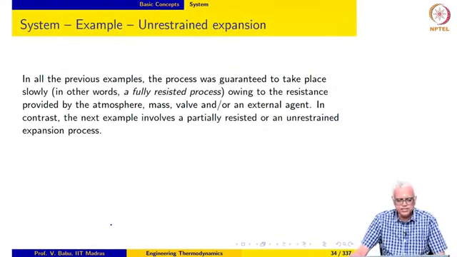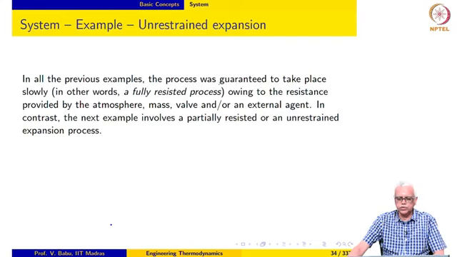In all the previous examples, the process was guaranteed to take place slowly. In other words, the process was a fully resisted process, owing to the resistance provided by, in some cases, the atmosphere, the mass of the piston, the mass itself, the valve, and/or an external agent.